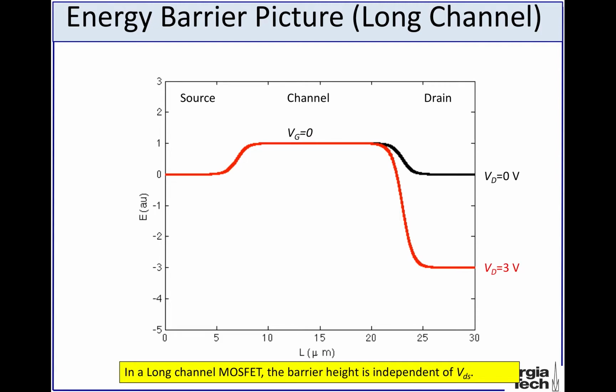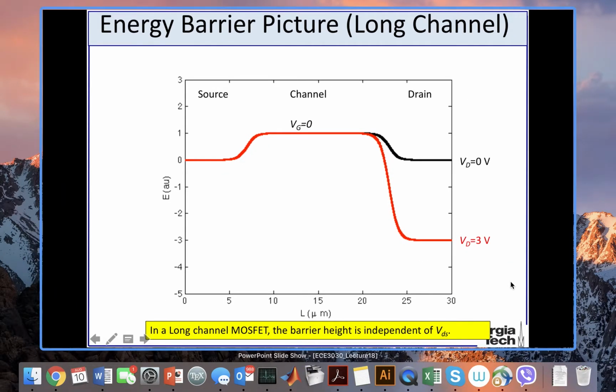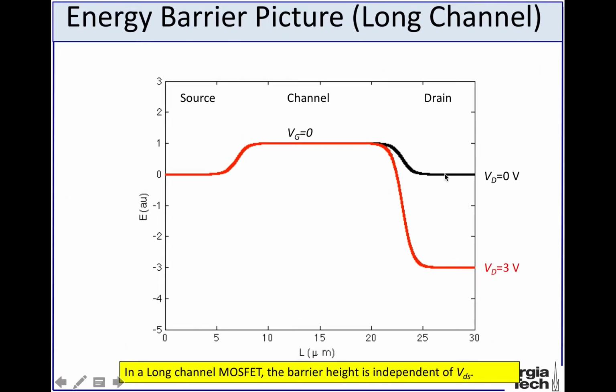Our purpose is to compare this figure with the figures that we'll show in the next slides for short channel transistors, to see how the energy band diagram changes as we decrease the channel length. Here we have shown that for Vd equals 0, the conduction band in the drain and the source line up, and there is a barrier in the channel.